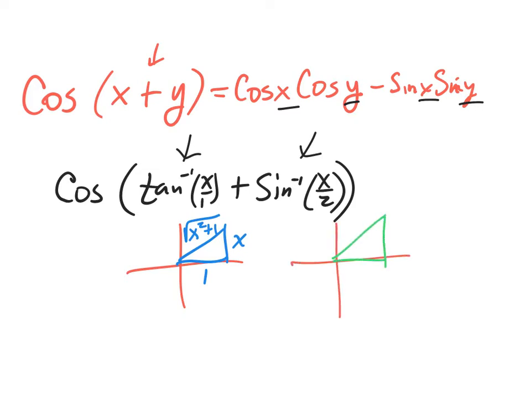Sine is opposite over hypotenuse, x over 2. And this side would be square root of, well, it's got an x squared and it's got a 2 squared. Which one's bigger? The hypotenuse has to be bigger, so that 2 squared has to be bigger, minus x squared. So that's really the square root of 4 minus x squared.